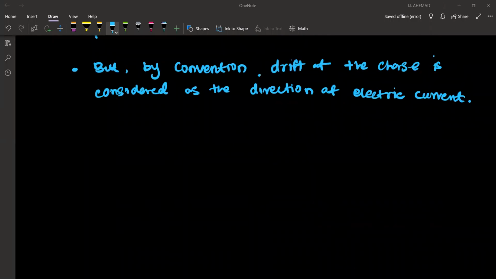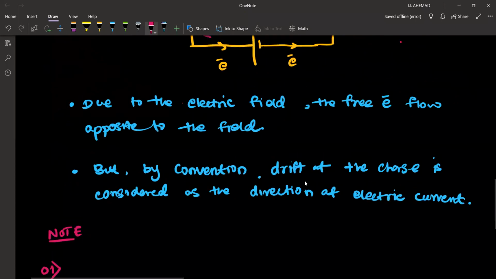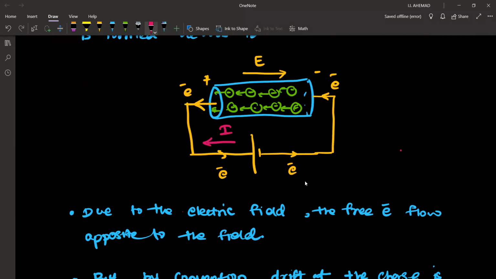Okay, so let's write a note. Note number 1. Now we might have a doubt. In electrostatics, we studied that an electric field cannot penetrate through a conductor. But here we say that an electric field is formed inside the conductor, right?